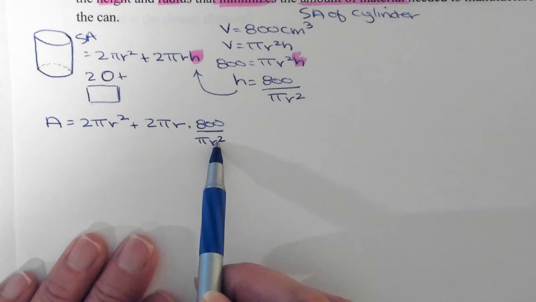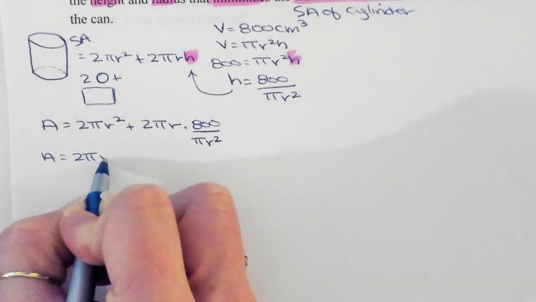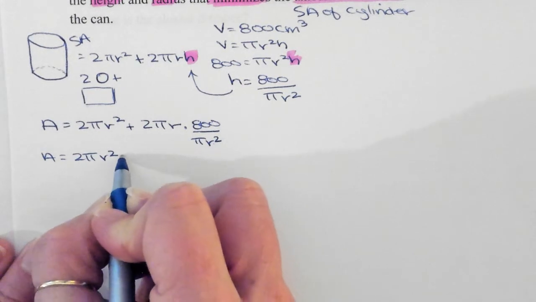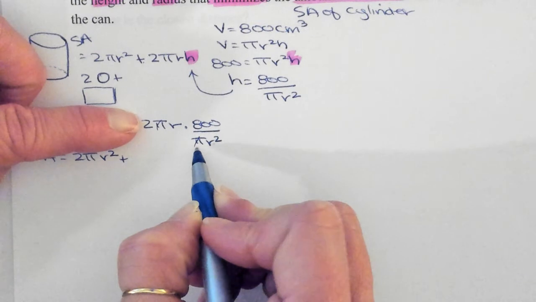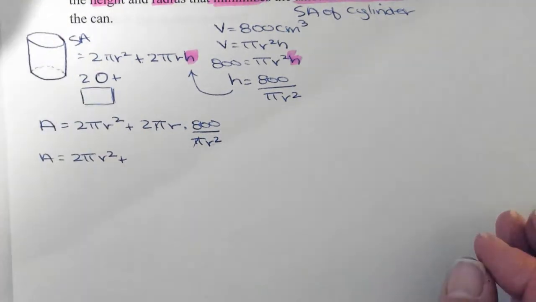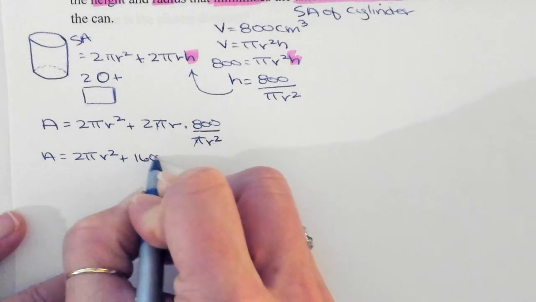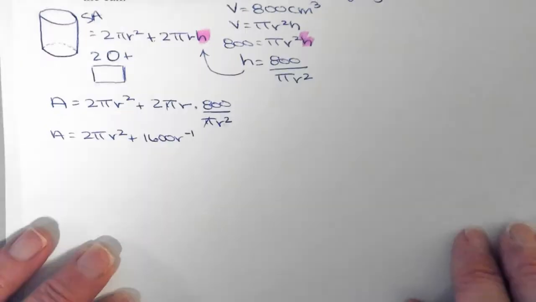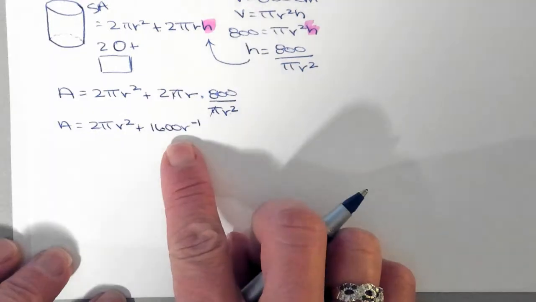Yes? So let's see, area is equal to 2 pi r squared, this is still plus 1600. My pi's go. So this is 1600 over r. Can I write this as 1600 r to the negative first, just so I can take the derivative? Yes? Does everyone understand where that came from?